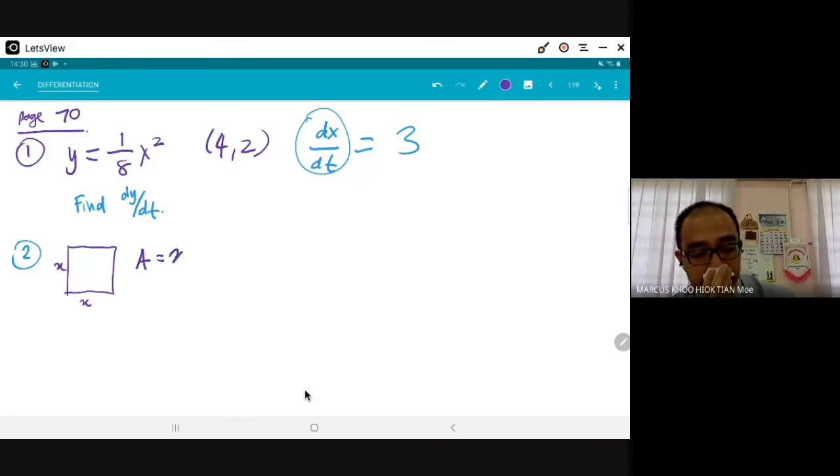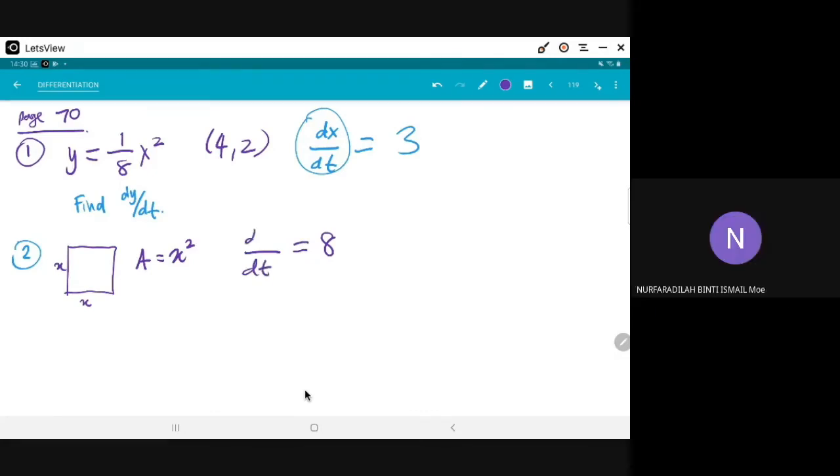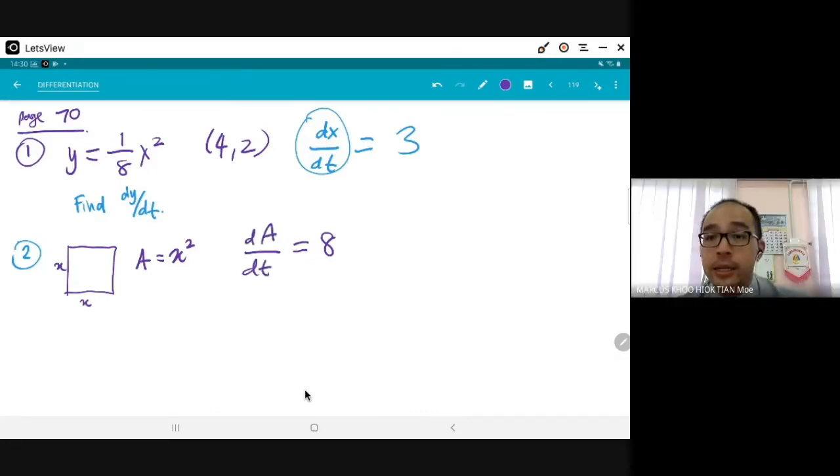Okay, A equals to x squared. Okay, apa lagi information dia bagi di sana? Apa yang ini 8 ini? 8 ini adalah apa? dA dt. Because dia cakap the area increases. Bukan side that increase, the area increases. Okay, at the rate of this one.